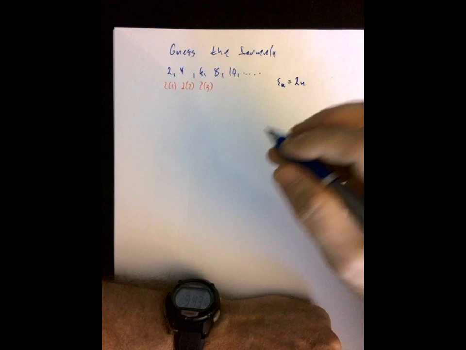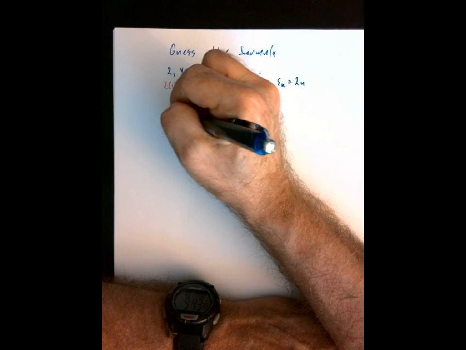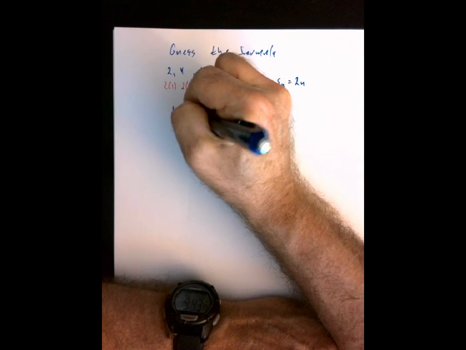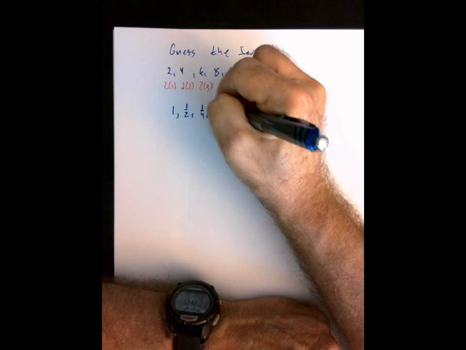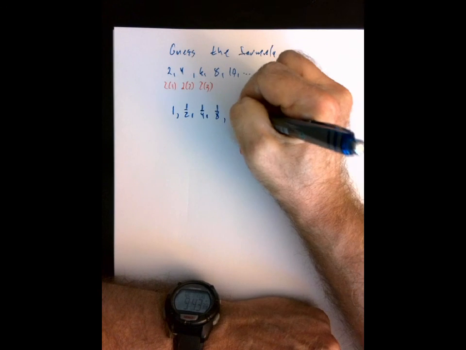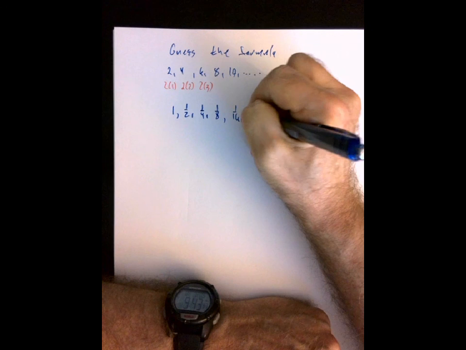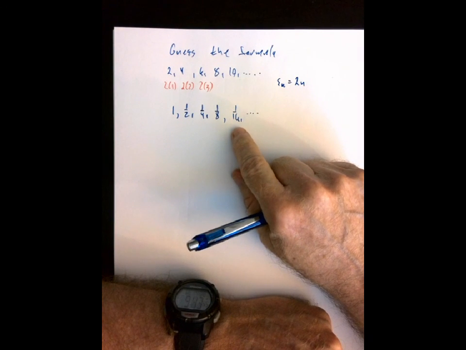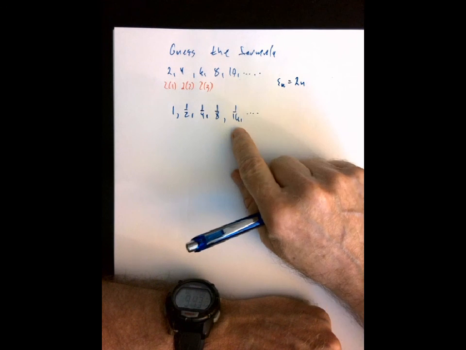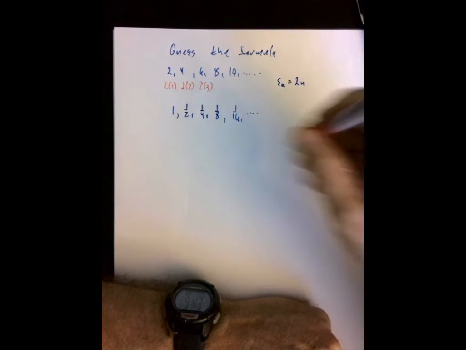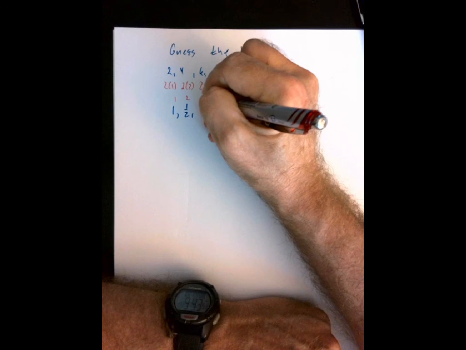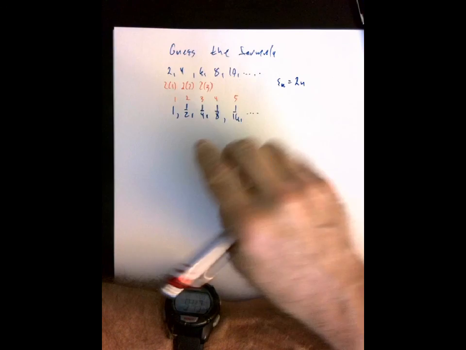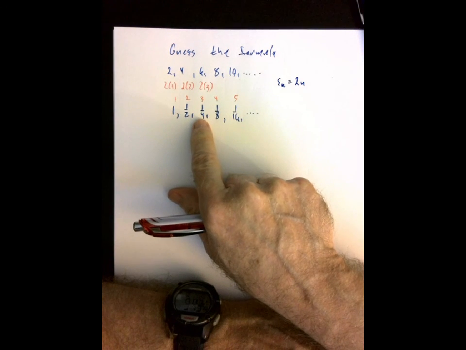Okay? Or how about this one here? This turns out to be a very important sequence in the scheme of math. But you can see here, if this is the first term, and that's the second term, and I'm numbering the term numbers up here, each number is multiplied by 1/2.